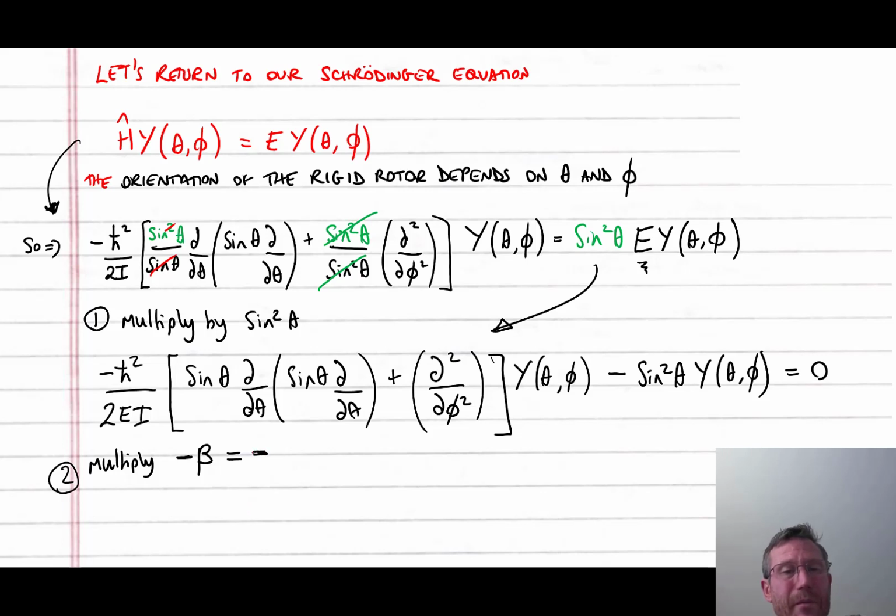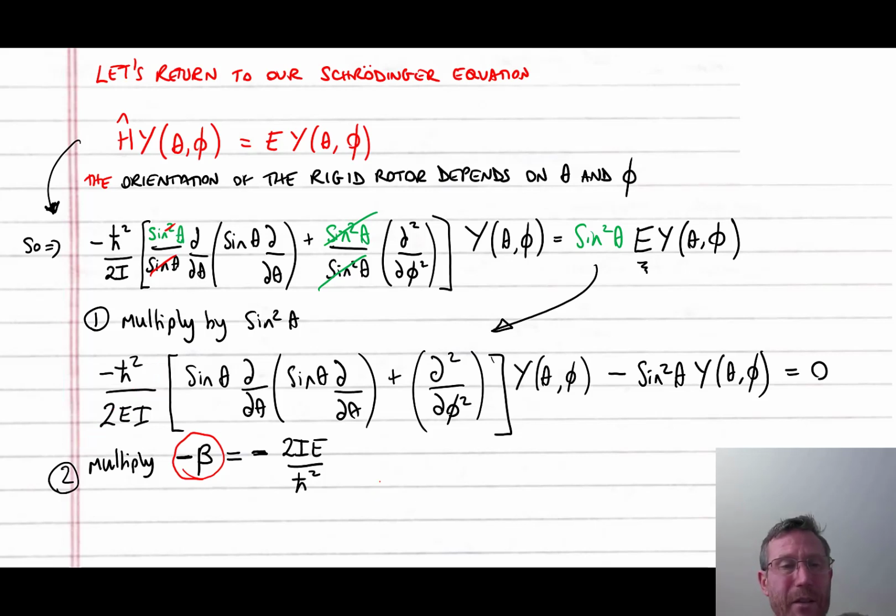So we're going to multiply by minus 2IE over h bar squared. And what you're going to recognize is that when we multiply by minus 2IE over h bar squared, this term is going to disappear. And because we're going to simplify things, we're going to end up with a beta in here. So let's rewrite that expression.